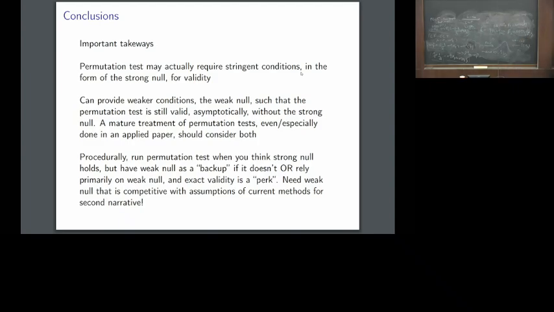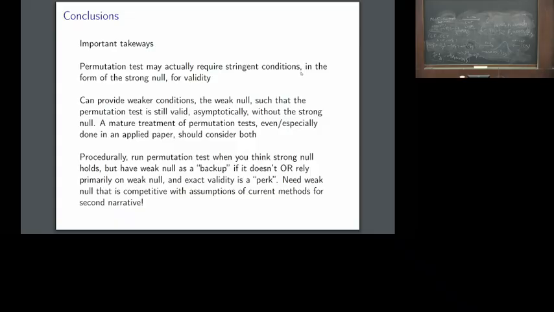So it's a question of which angle you want to see it from. Do you want to think that you have the strong null because you're mostly interested in this test being exactly valid in your small sample, and you're thinking about robustness: if the strong null doesn't hold, at least if the data is big enough, I have this backup, this asymptotic validity. This is how we've been talking about it throughout the class.